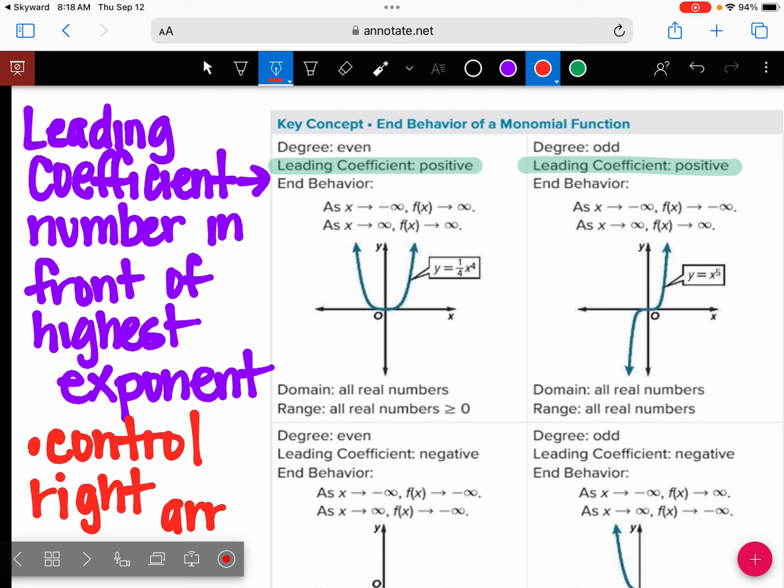When we talk about a graph, it has two arrows. It has an arrow on the left side of the y-axis. It has an arrow on the right side of the y-axis. And the leading coefficient will control the right arrow.